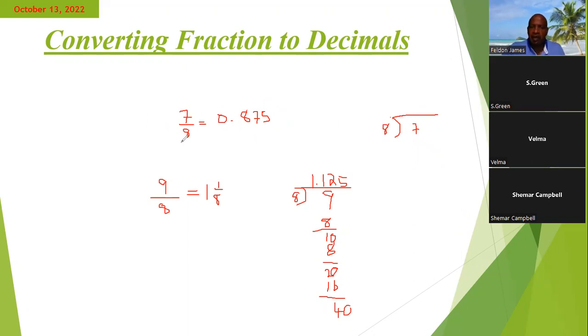So we say when we're converting fractions to decimals, we put the numerator under the division sign, the division bar, and the denominator outside in the brackets.